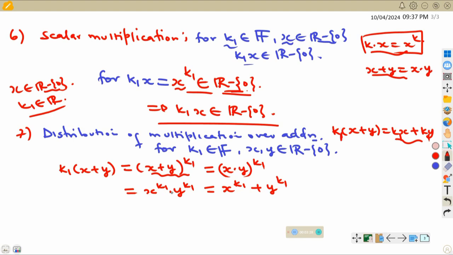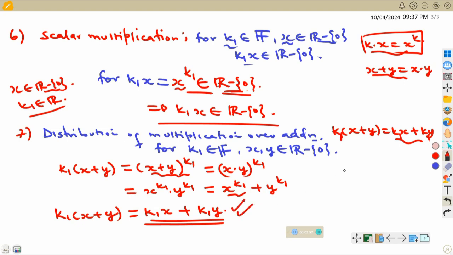So x times y is the same as x to the power k1 times y to the power k1. If k times x is the same as x to the power k, I can write this as k1 of x plus k1 of y. So clearly, you have shown that k1 into x plus y is the same as k1 of x plus k1 of y. And this will be satisfied.